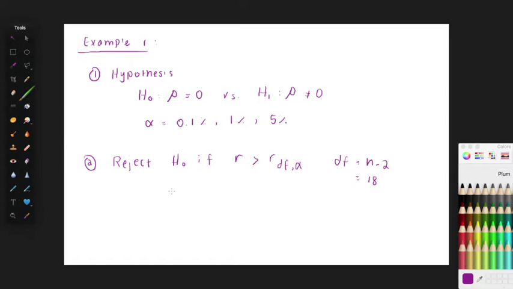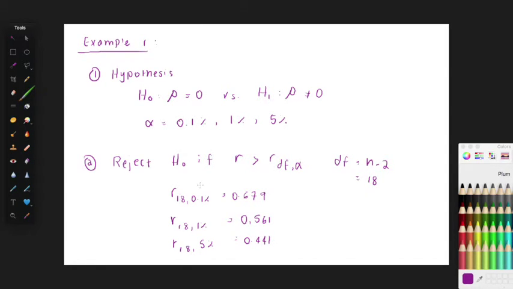So we're going to have for R18 at 0.1% to be 0.679, and R18 at the 1% significance level will be 0.561, and the last one, R18 at the 5% significance level, equals 0.441.